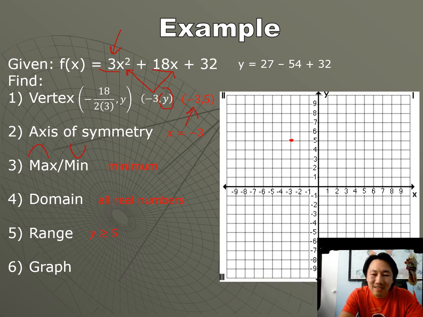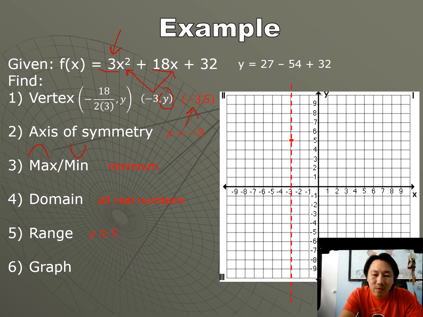There's our vertex, negative 3, 5. And then the axis of symmetry, remember, is that dotted line that cuts it right down the middle. The x equals negative 3, that's that line.